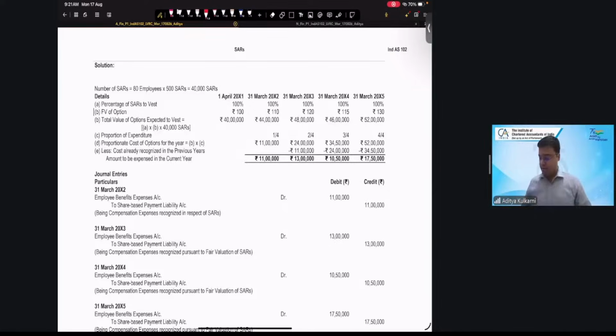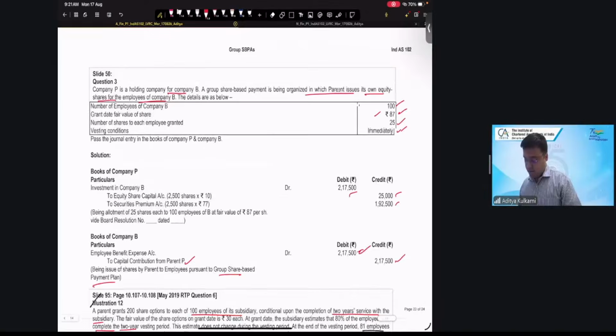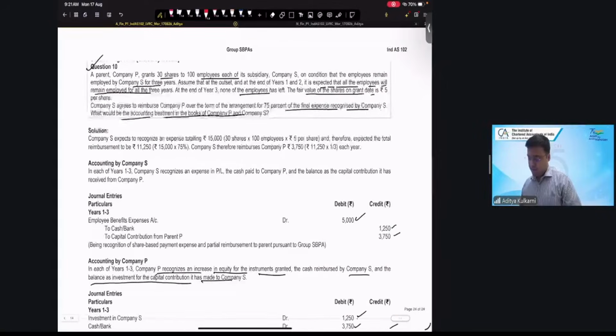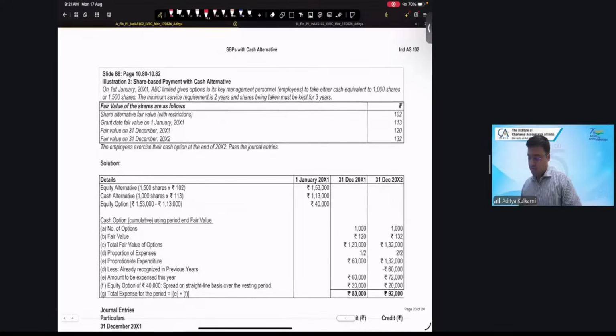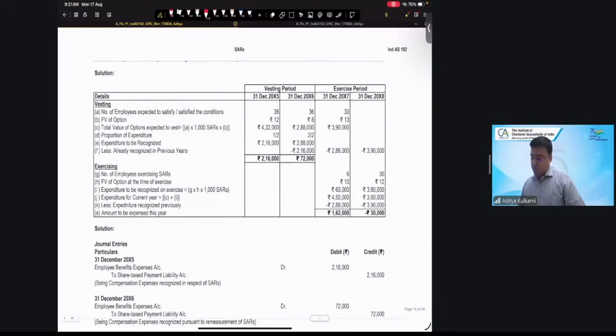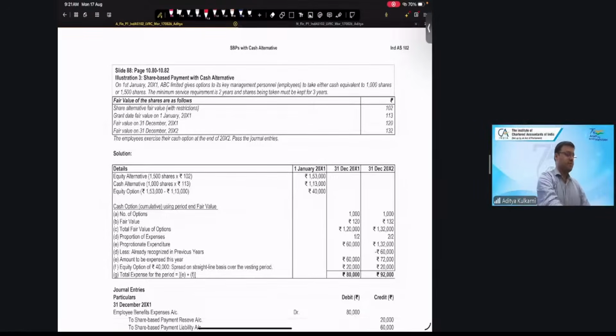So now what is left is SBPs with cash alternative. Group SBPs are done. So far, we have seen cases where the employee gets either equity shares or cash.